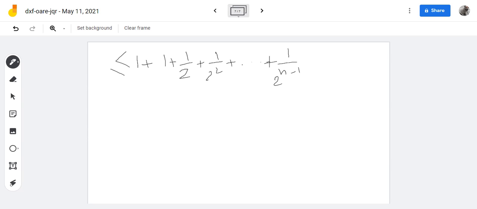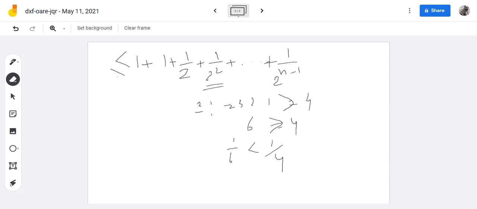Now, factorial 3 is equal to 3 into 2 into 1, and 2 square is equal to 4. So 3 times 2 is 6. This is always greater than 4, so 1 by 6 is always less than 1 by 4. That's why in place of 1 by 6, I have written 1 by 4. That's why again the greater sign. Clear?